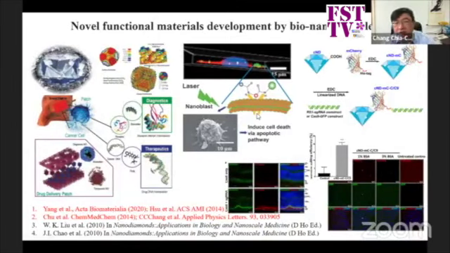First of all, in my lab we are developing some novel functional materials, including the nanodiamond. Why do we use the nanodiamond? Because the diamond is a pure carbon material, and its size is small. In my lab, we focus on diamonds below 6 nanometers.